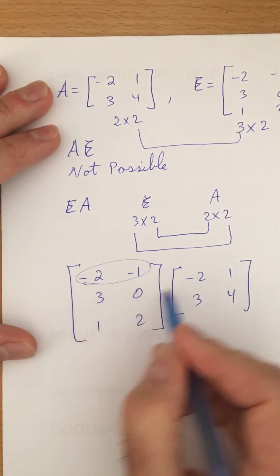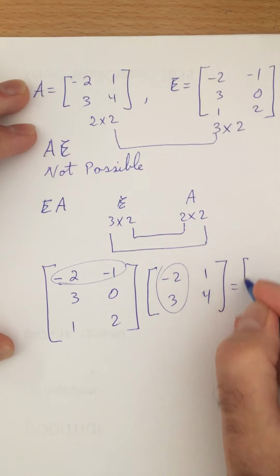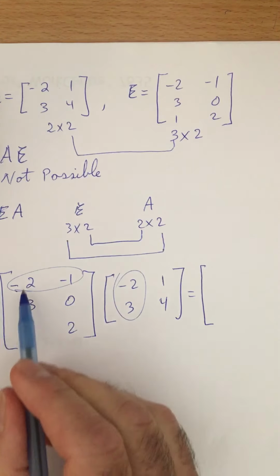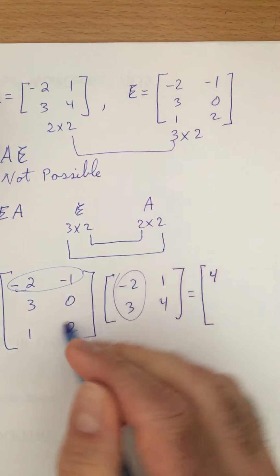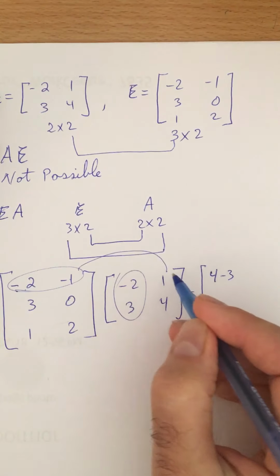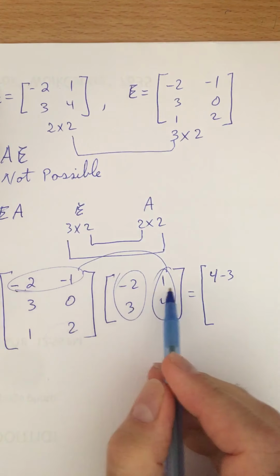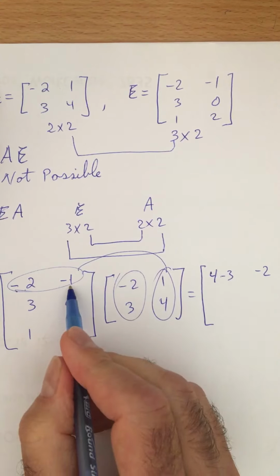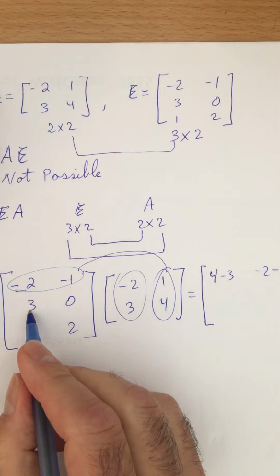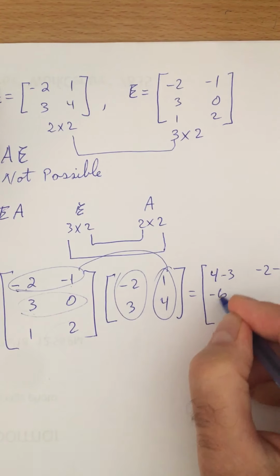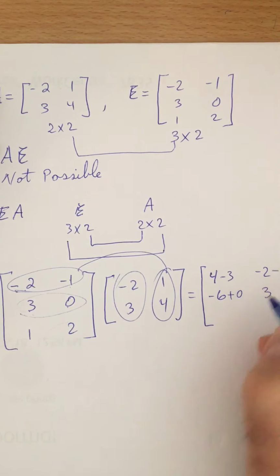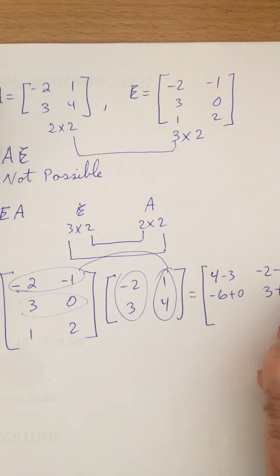So I can multiply these. I'll take this row, multiply by this column. I want to make sure that I'm careful about my signs. Negative 2 times negative 2 is a 4. Negative 1 times 3 is a negative 3. And then this times the second column, negative 2 times 1 is a negative 2. Negative 1 times 4 is a negative 4. Then this row, 3 times negative 2 is negative 6. 0 times 3 is 0. 3 times 1 is 3. 0 times 4 is 0.